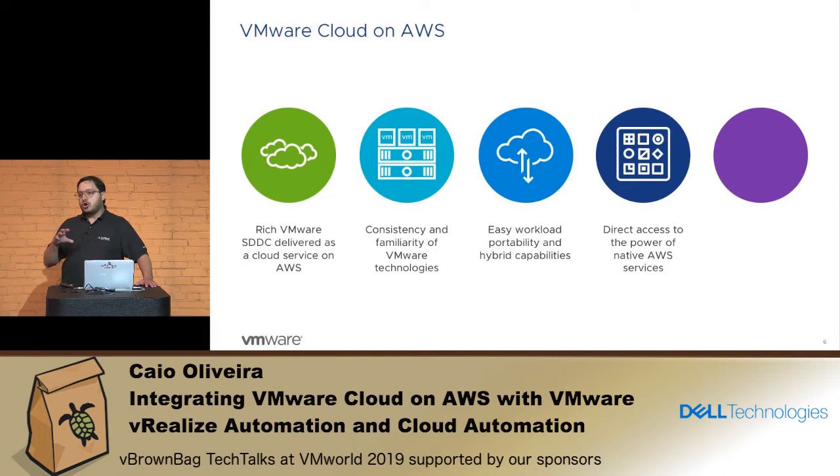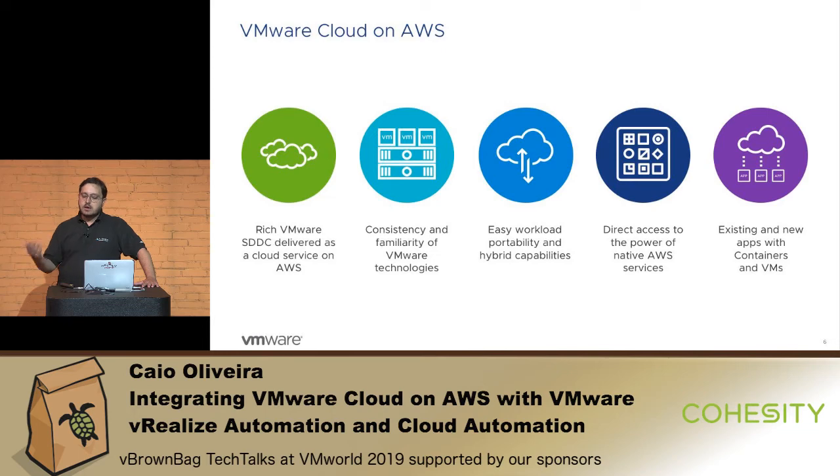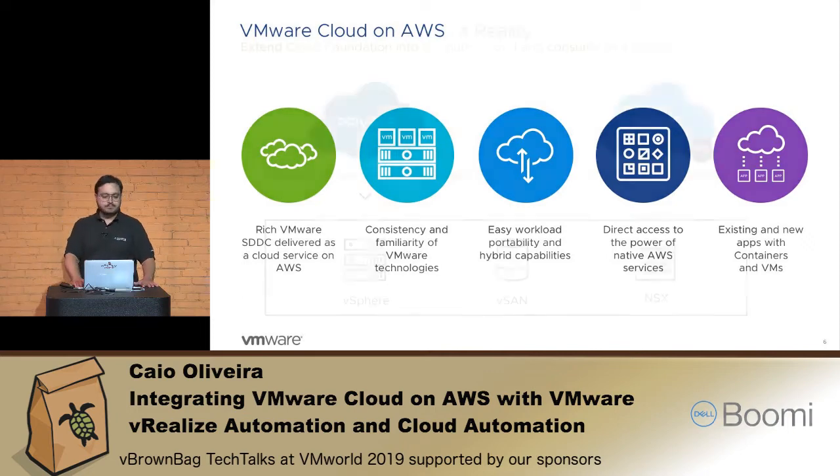But this is not only a hybrid solution with VMware technology. We are enabling customers to have direct access from the workloads that are running on VMware Cloud on AWS to native AWS services, right? And here you can leverage your traditional workloads or even your new workloads in VMC while consuming AWS services, right?